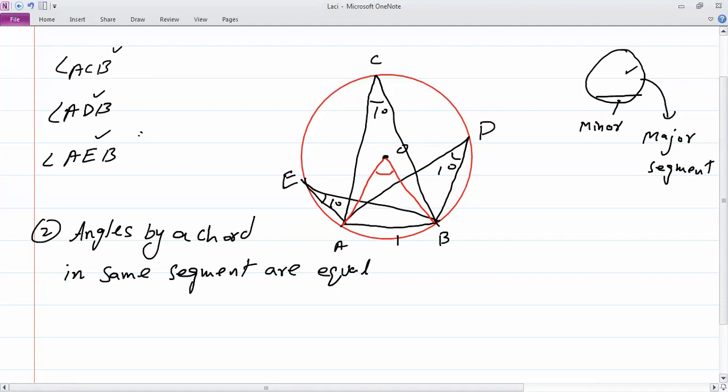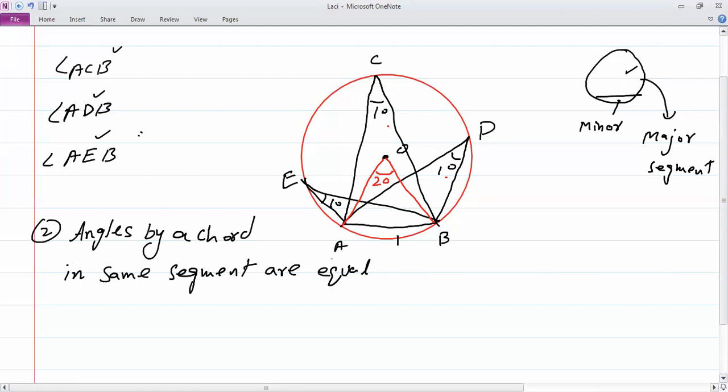Remember the first rule: the angle at the center by the same chord will be double the circumference angle. So if these are 10, 10, 10, this will be 20.